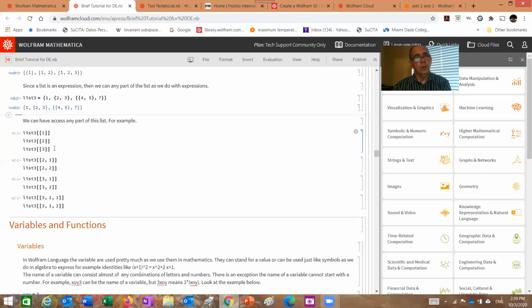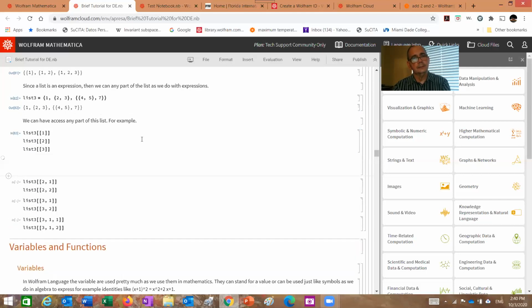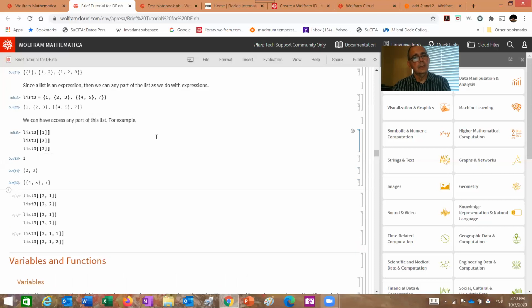Well, we can enter all these inputs together. So you put the cursor at any point in the input, you press Shift Enter, and you get this.